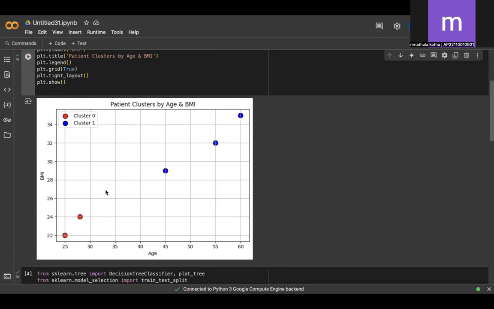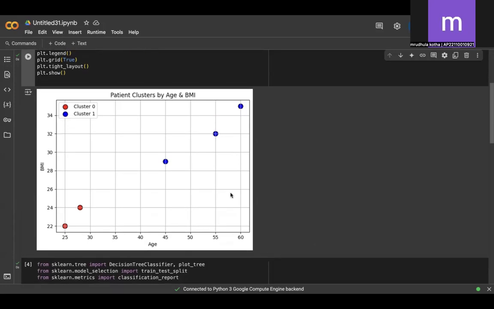For example, one cluster might represent younger and healthier individuals, and the other could indicate older patients with higher BMI, potentially at greater risk. Finally, we label the axes, add a title and legend, and display the chart. This helps us visually understand the segmentation and communicate findings early to healthcare providers and decision makers.